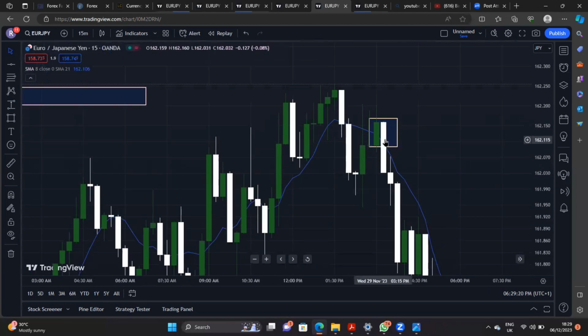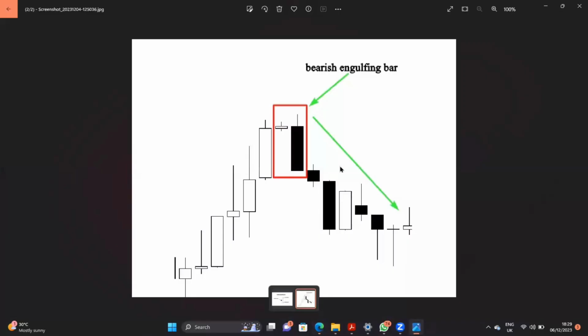The bearish candle fully engulfs the bullish candle. As you can see, when this price action pattern occurs in an uptrend, we can anticipate a trend reversal, because buyers are no longer in control of the market, and sellers are trying to push the market down.